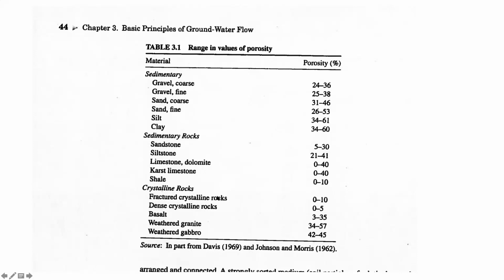Okay, so we talked about crystalline rocks. Like I said, even in granites, in between the mineral grains, the crystals, there is porosity. Good numbers for porosity of intact crystalline granite are on the order of 1% to 0.1%. So porosities of 0.01 to 0.001.